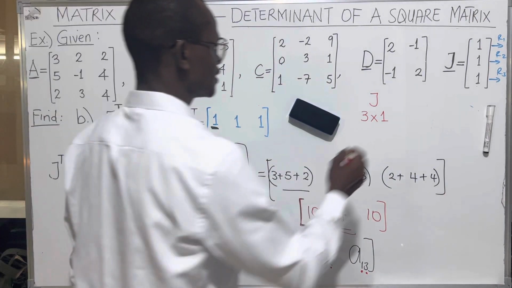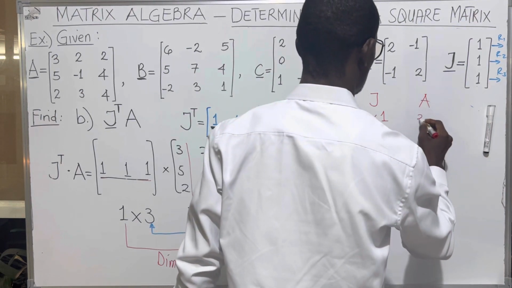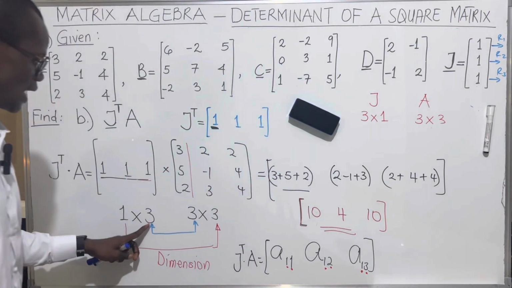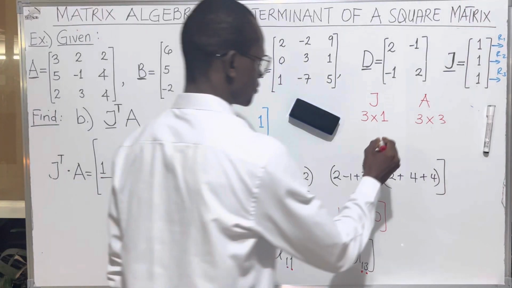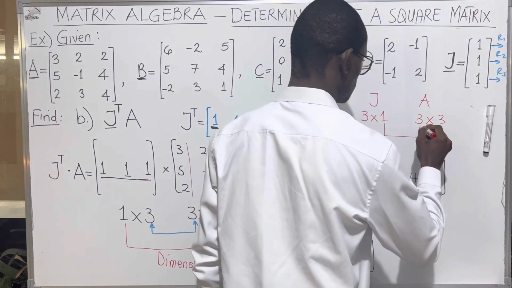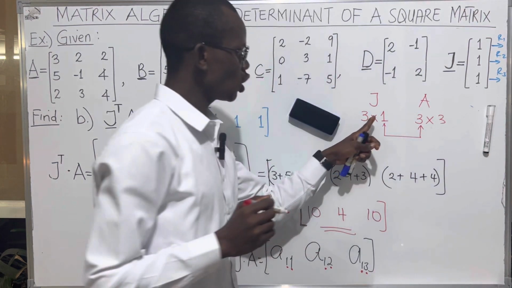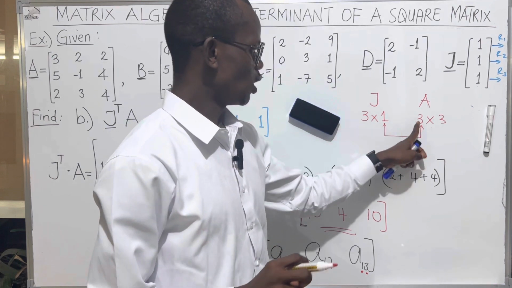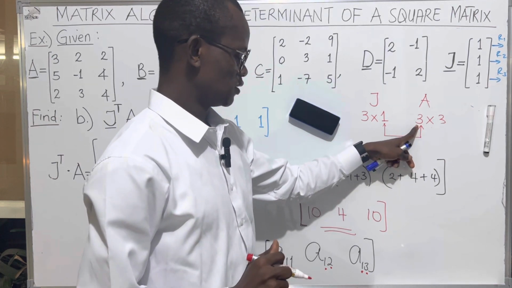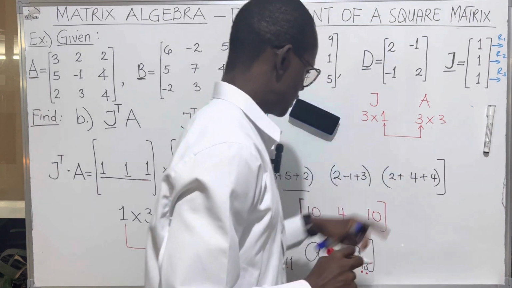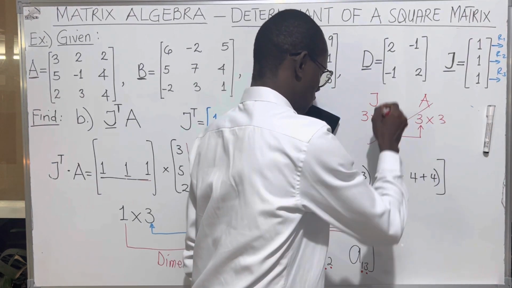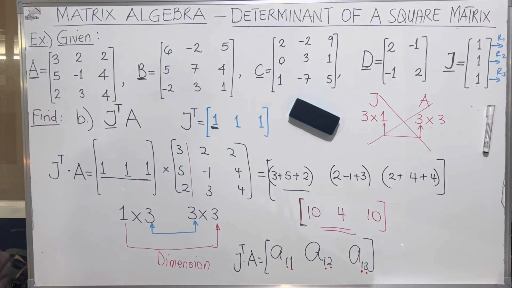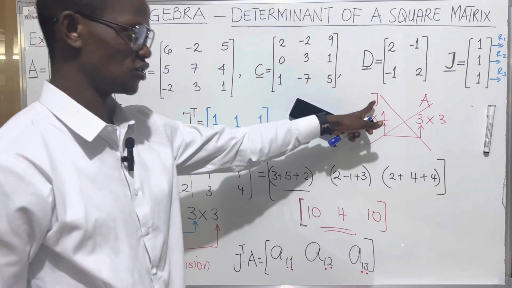Matrix A has 3 by 3 dimension. So if you clearly look at the technique, the column of matrix J is not equal to the row of matrix A. Therefore, you cannot multiply matrix J and matrix A, wherein matrix J will come first.